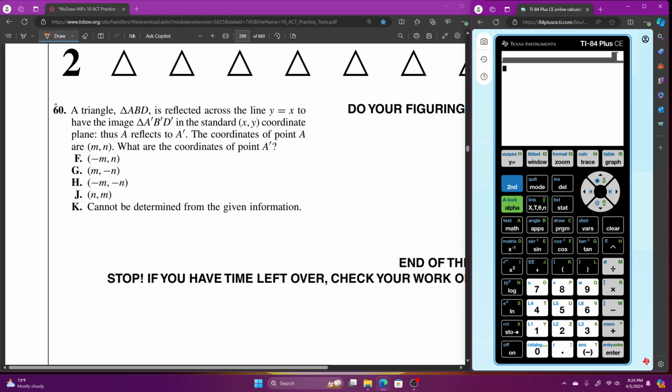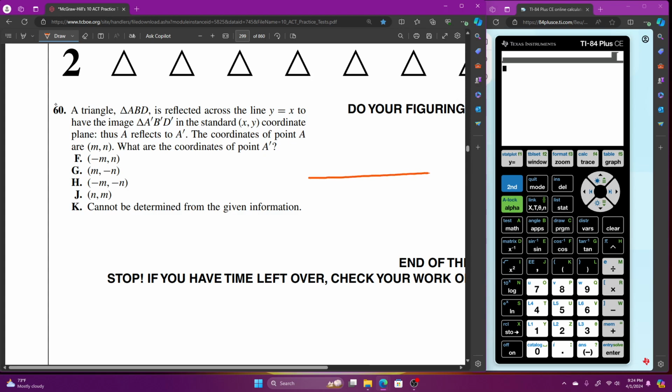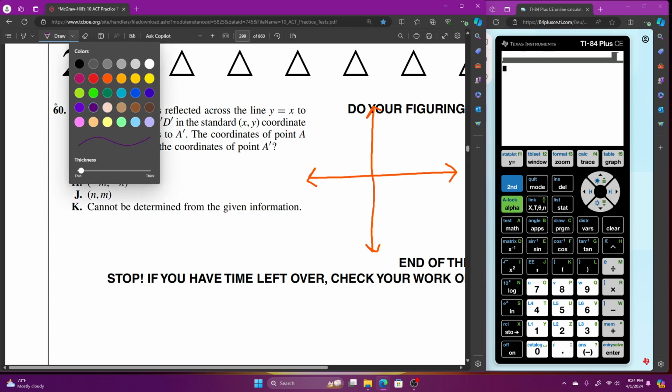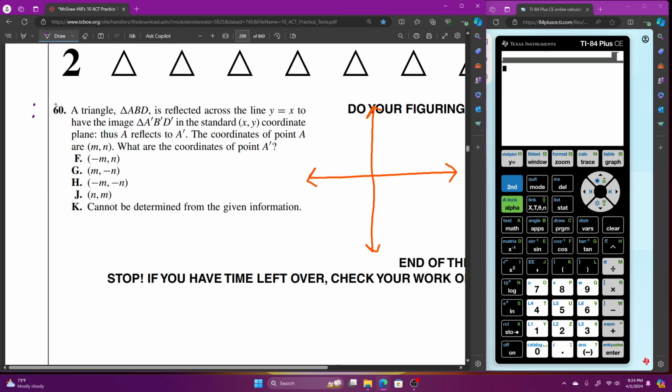So we're going to draw our coordinate plane, X and Y, because you don't get to have graph paper on the ACT. You just get the paper you're provided with, and there's no graph section. If I were solving this, I would really want to have graph paper, but it's not given.